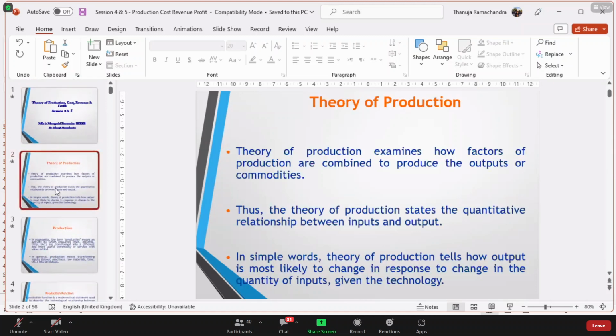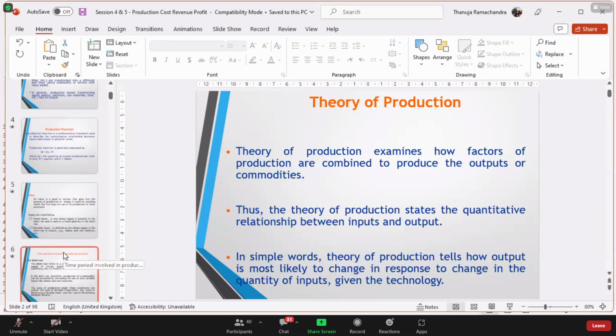Any questions you have on the theory of production, theory of cost, long run, short run, variable inputs, fixed input, different costs, marginal cost, total variable cost, total fixed cost, average variable cost, average fixed cost, long run cost, short run cost, economies of scale, diseconomies of scale, law of diminishing marginal returns, marginal product, average product, total product.